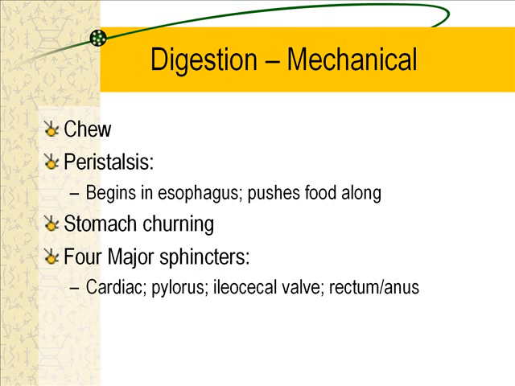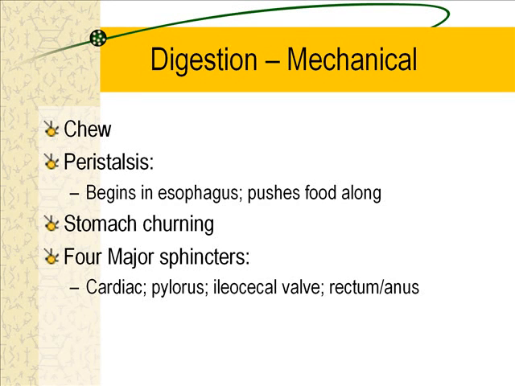Now, we're going to break digestion into two separate components. We have mechanical forms of digestion, and we have chemical forms of digestion. First, let's address mechanical. Again, if we take the example of our apple, chewing the apple into smaller pieces immediately digests some of that apple.